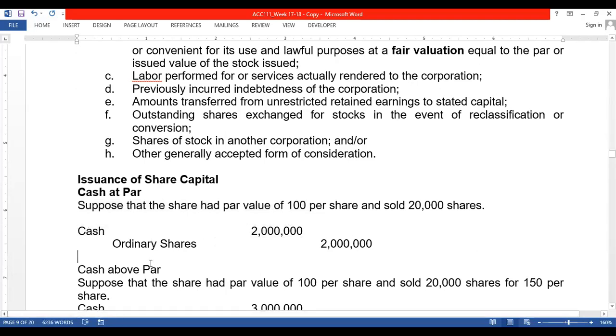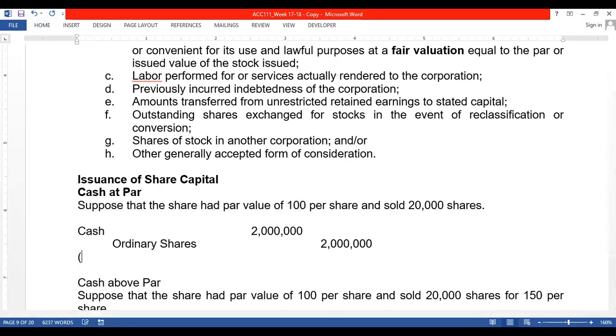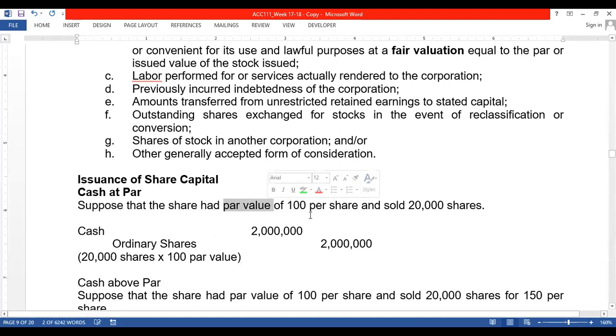Diba pila ganito ang iyahang shares? 200,000 shares multiplied by per share par value, so 100 par value. So if that's the case, since the par value and the per share price are the same, 200,000 times 100 is 2 million.